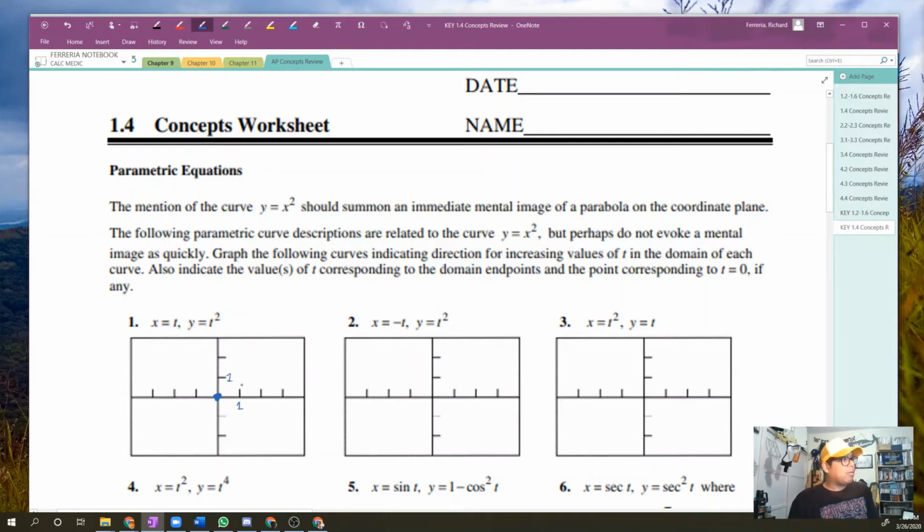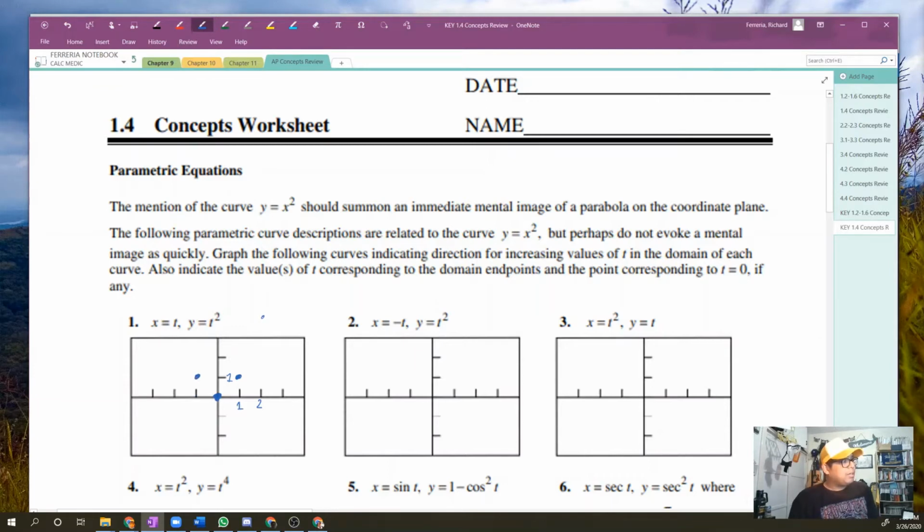the x-coordinate is 1 and the y-coordinate is 1 squared. When t equals 2, the x-coordinate is 2 and the y-coordinate is 2 squared. 1, 2, 3, 4 is way up over here. Likewise, when t is negative 1, y is equal to 1.